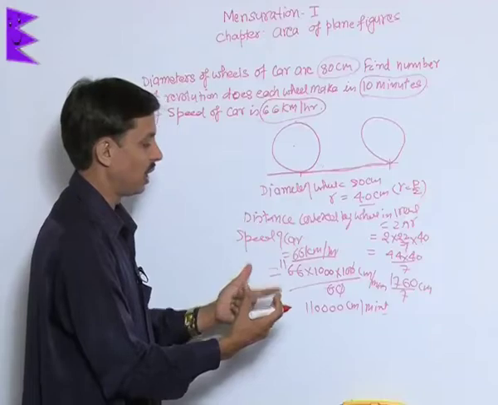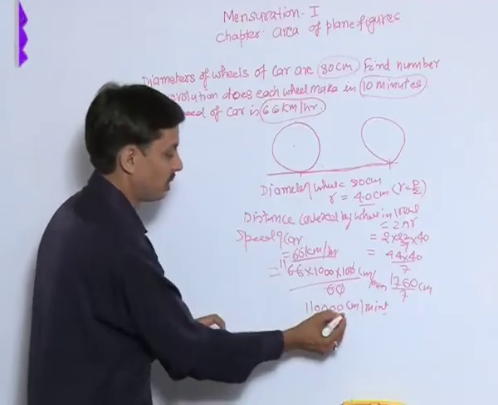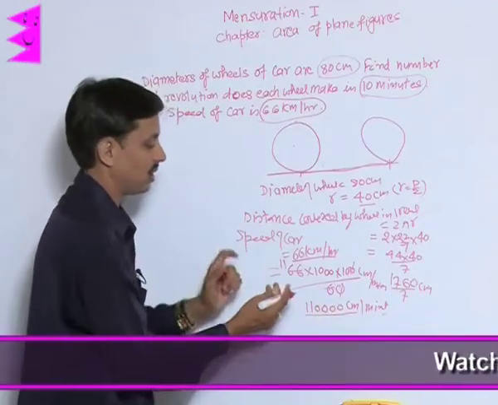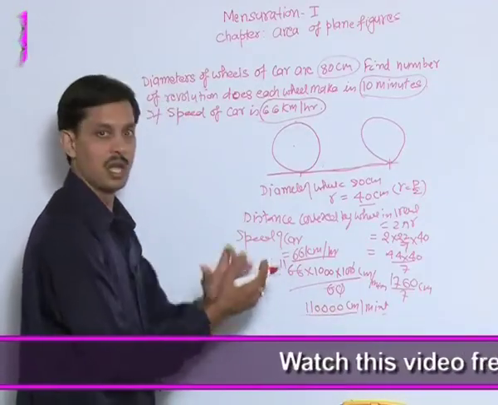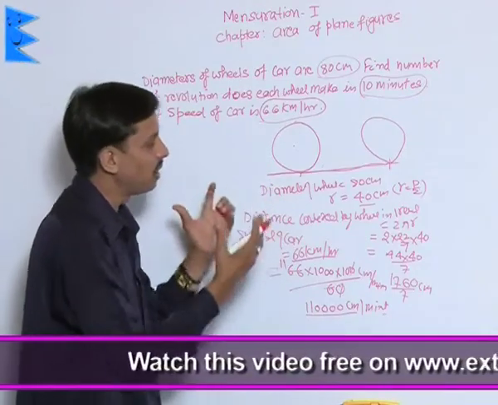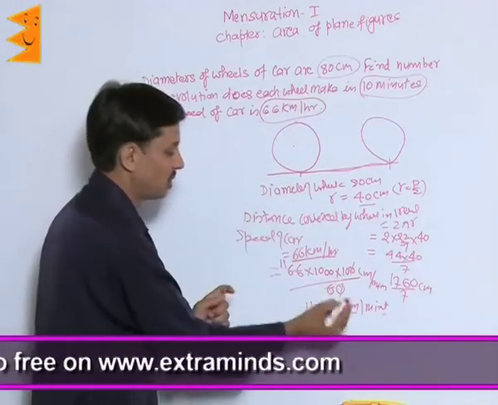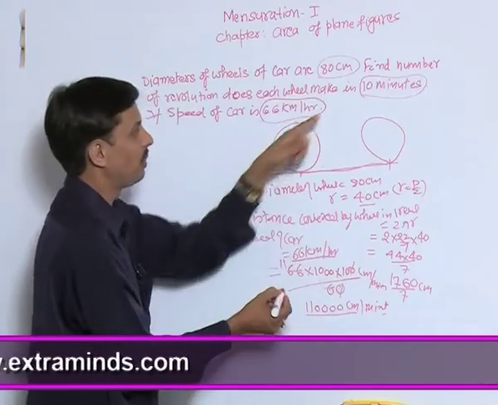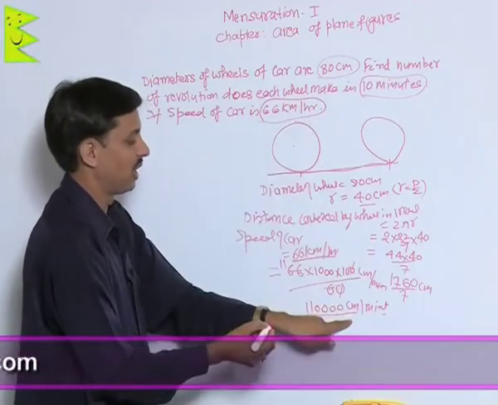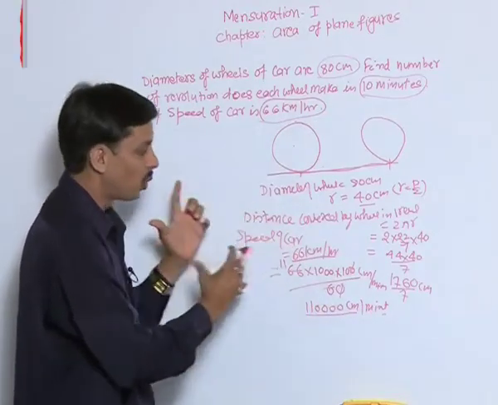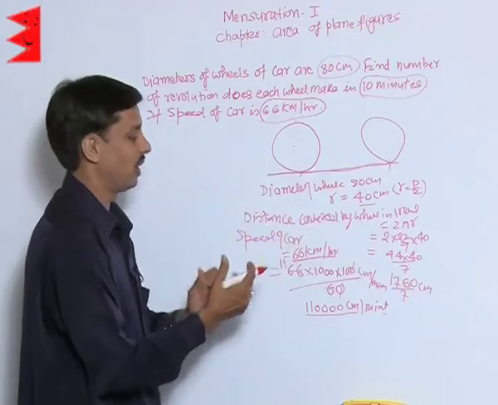So we can say that in 1 minute this much of centimeter is the distance travelled by car. Question is that how many revolutions it will make in 10 minutes. It means this distance is of 1 minute. So if I multiply this distance by 10, I will get the total distance travelled by car in 10 minutes.